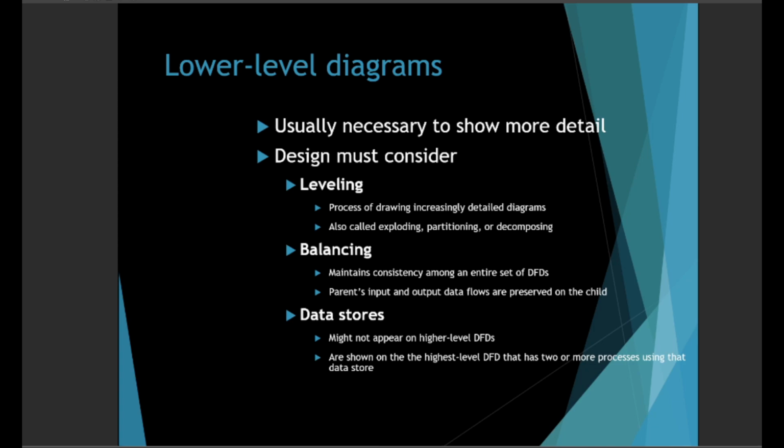So that's the scope. The parent inputs and output data flows are preserved on the child of the process itself. It doesn't go beyond the boundaries of the process or other processes. And the data stores might not appear on higher level DFDs, but in lower level diagrams, they will be displayed in a more detailed manner.